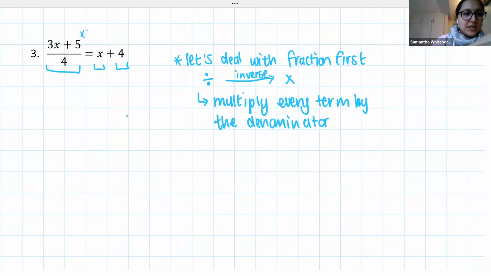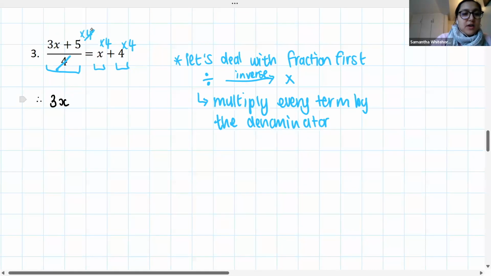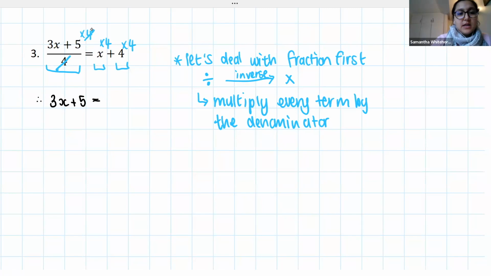So that means the fraction is going to be multiplied by 4, the x by 4, and the 4 by 4. Now, the point of this was to get rid of the fraction. So timesing that fraction by 4 is gone. That then leaves me with, on the left-hand side, just 3x plus 5, so that numerator. But now on the right-hand side, x times 4 is 4x, and 4 times 4 is 16. And now we've got an equation that we know how to solve.